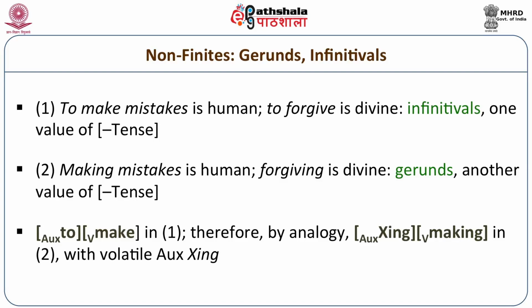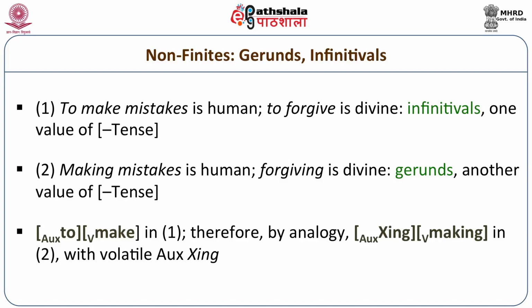In the surface structure, of course, this x-ing becomes invisible. The way to look at it is tense fusion. The tense element fuses into the word forgiving, so that in the surface structure x-ing is absent. But in the deep structure it is present and can be seen to be syntactically parallel to the tense element to.